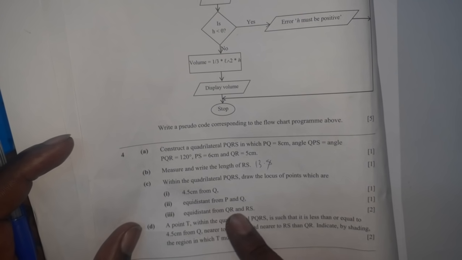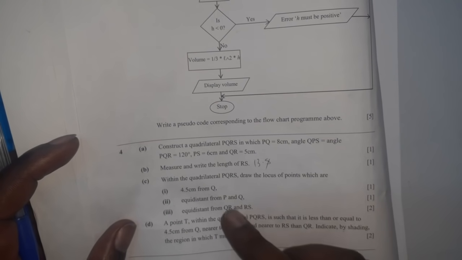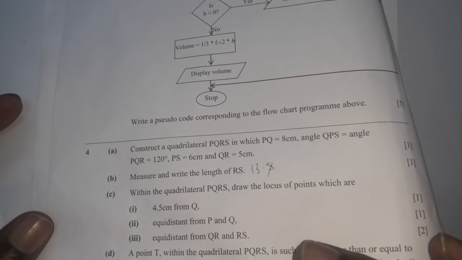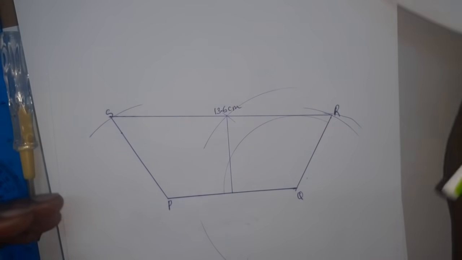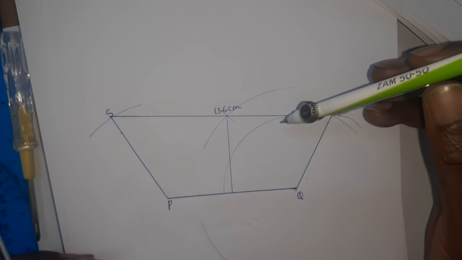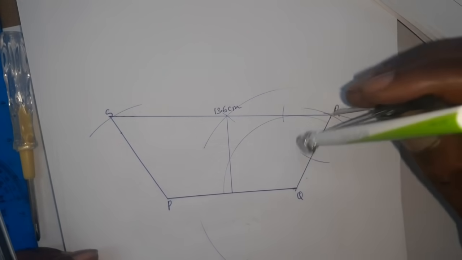And then the other one is equidistant from QR and RS. So what is the common letter here? The common letter is R. So we need to bisect this angle R. How do we do it? An arc here, another arc here.